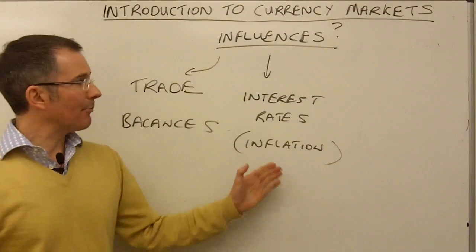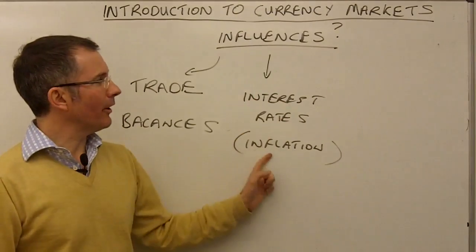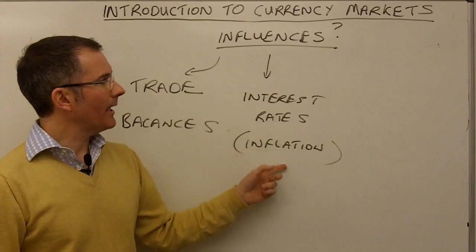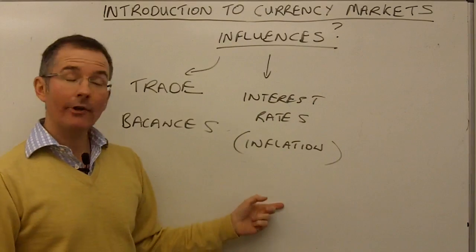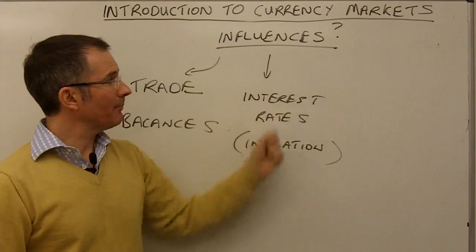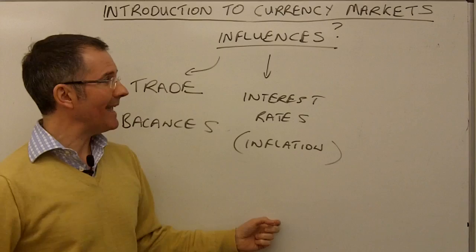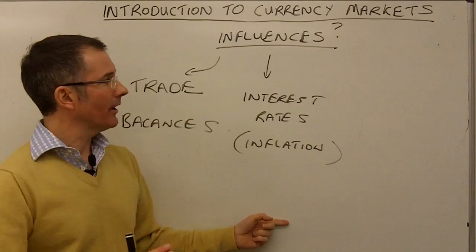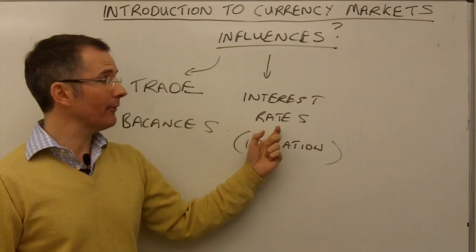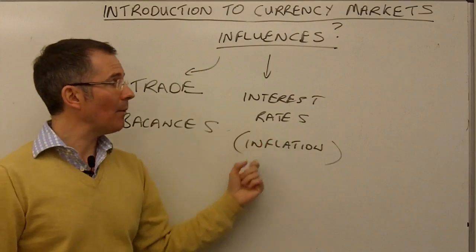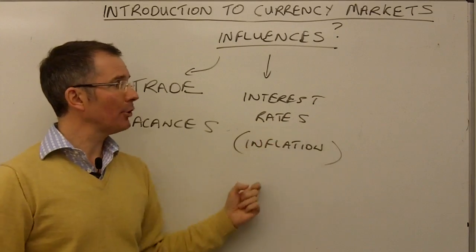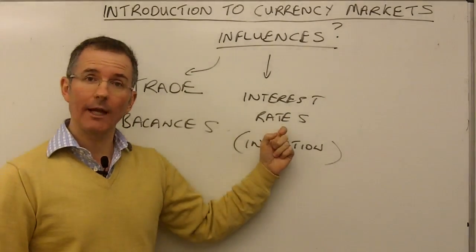And actually, that principle, that the bigger the return offered by, say, a central bank on its currency, the more interest there'll be and the higher the exchange rate. So if interest rates are expected to rise, in America for example, that would tend to start pushing the dollar up relative to, say, sterling.